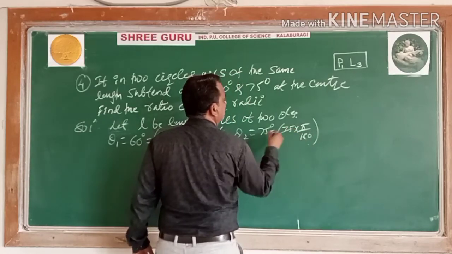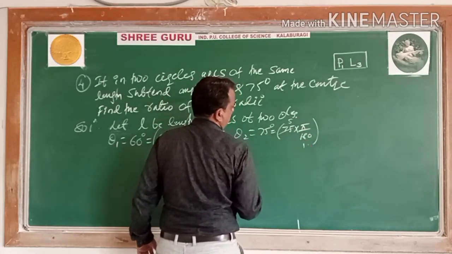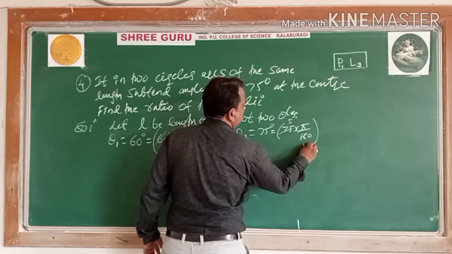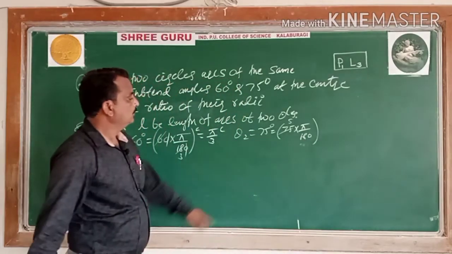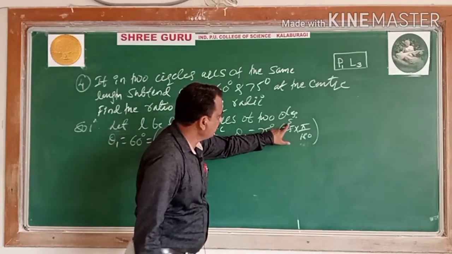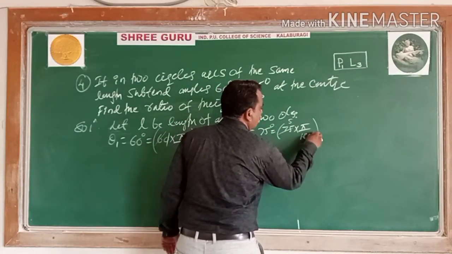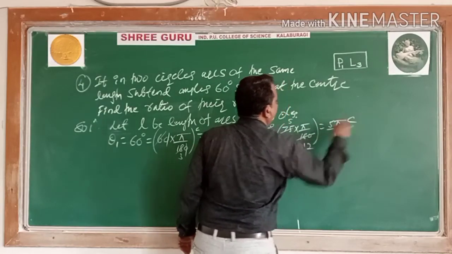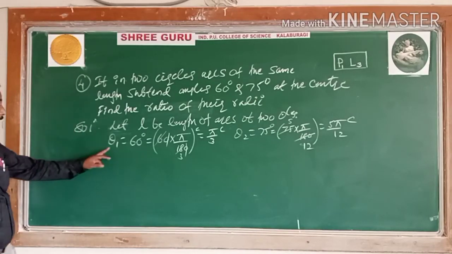Simplify this: 15 fives are 75, 15 twelves are 180, so 5 pi by 12. You need it in terms of radian. So theta 1 and theta 2 are these.